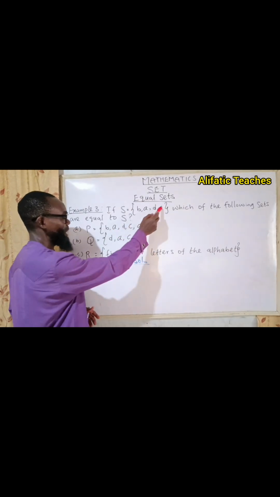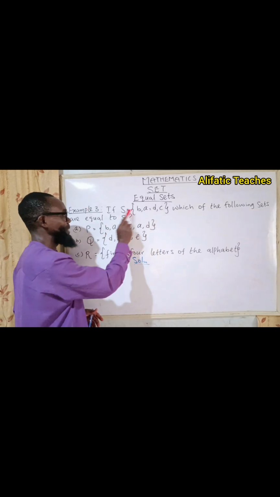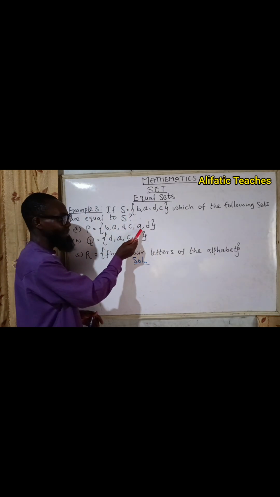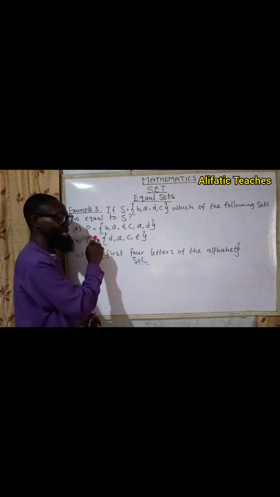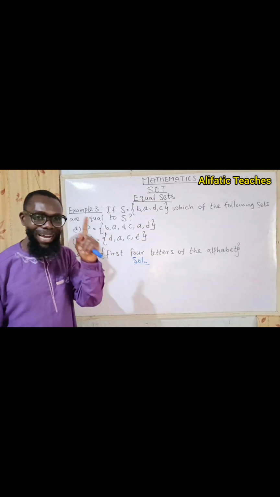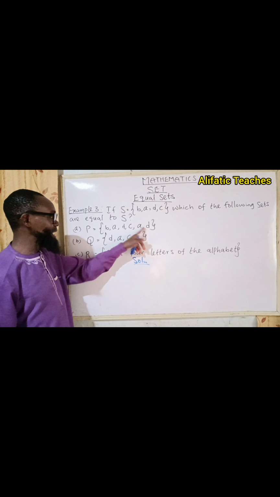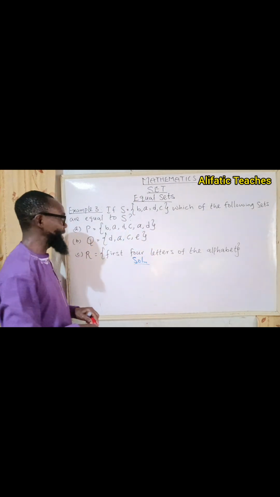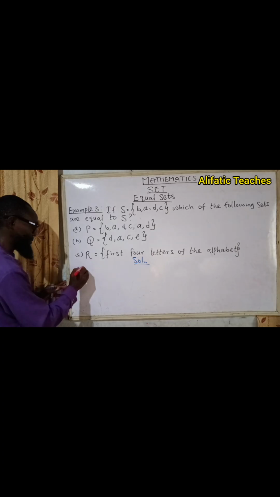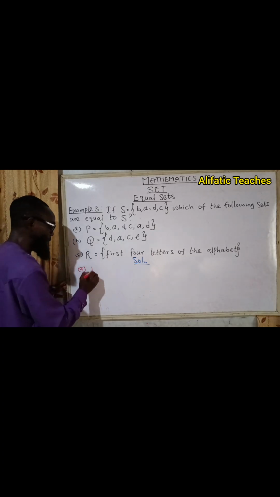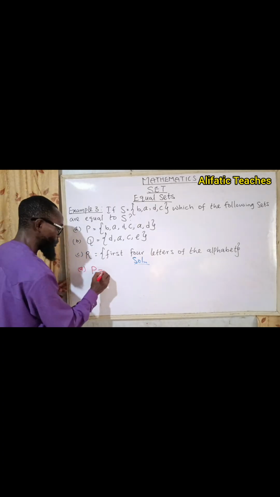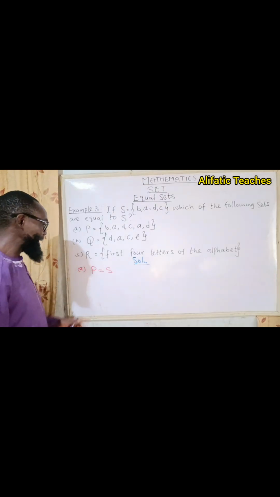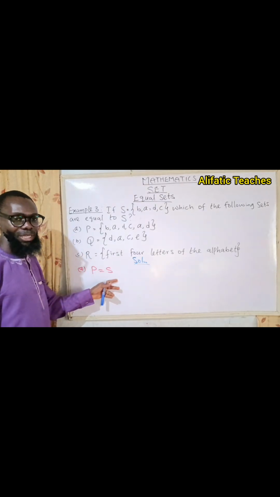We have c, we have c. You can see that all the elements in S are also in P, though element a is repeated in P. Nevertheless, we count it as 1. Element d is repeated twice, we still count it as 1. So in this case, we say that set P is equal to set S, because all the elements in P can also be found in S.